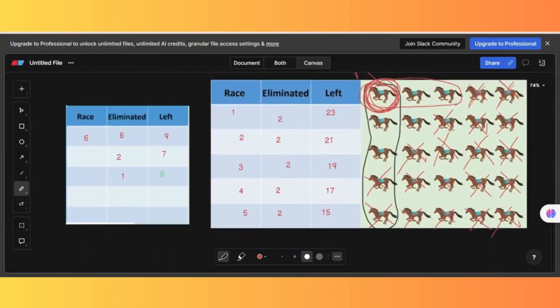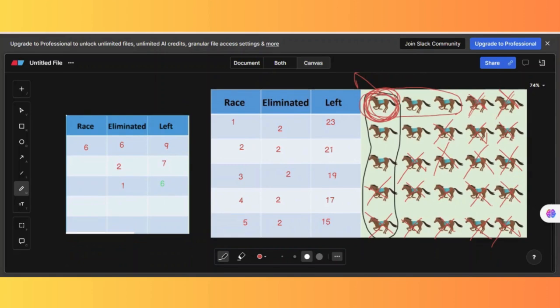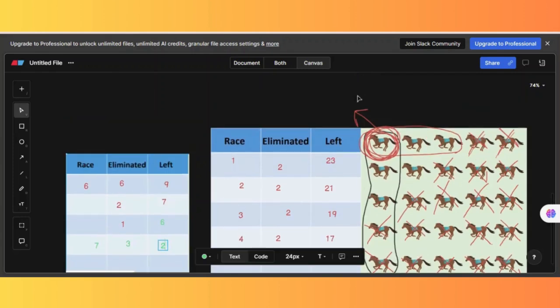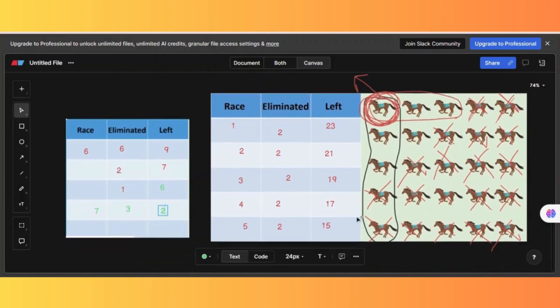So at last, we can make these five horses run at a time, and we can find the top two horses from these. At the last, at the seventh race, these five horses will run, and from that I will eliminate three and find the top two. From these five horses, the top two will be my top three horses required by the question.